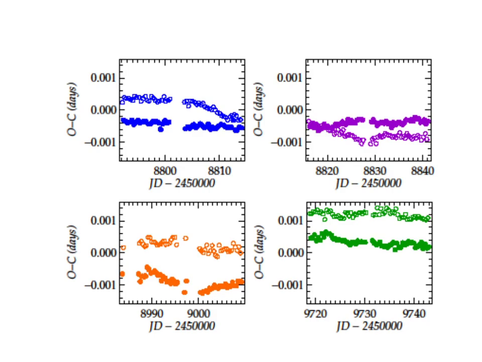So these are eclipse timings of 477 eclipses of this binary. Each one of these panels is about 12 days. These two are continuous. These two are separated.